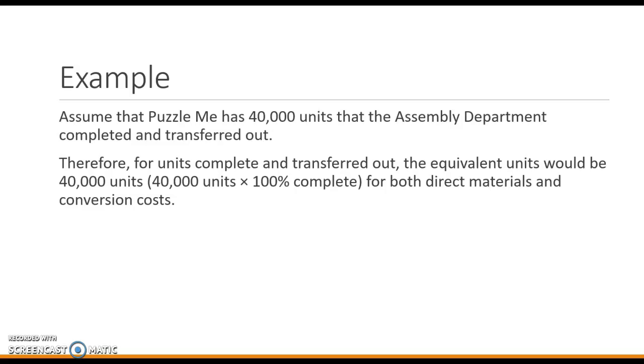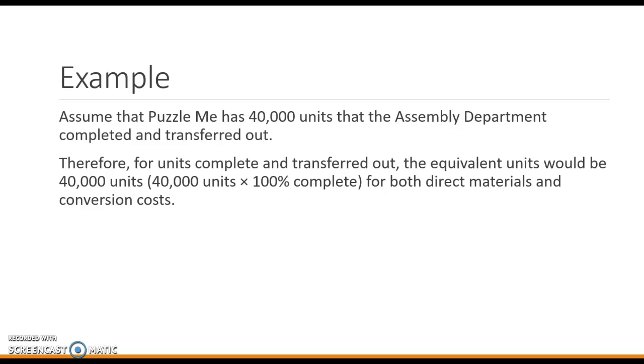Let's assume that Puzzle Me, the name of the company that makes the puzzles, has 40,000 units that the assembly department completed and transferred out to the cutting department. For the units completed and transferred out, the 40,000 units are 100% complete.